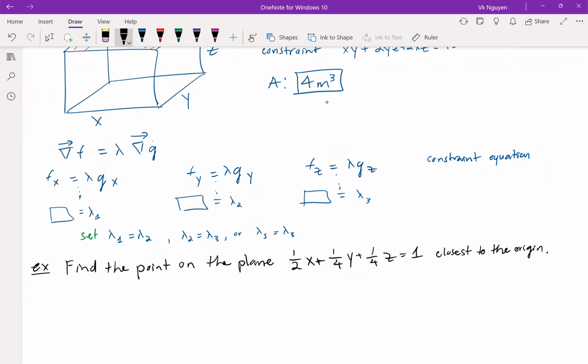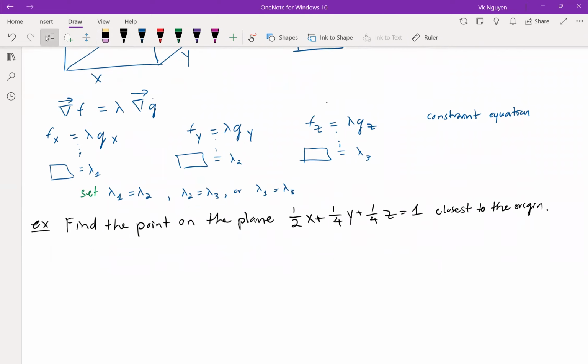If you see something like this, you can turn it into an objective function and a constraint equation. Here it is talking about distance, distance to the origin. Closest is the minimum distance to the origin.